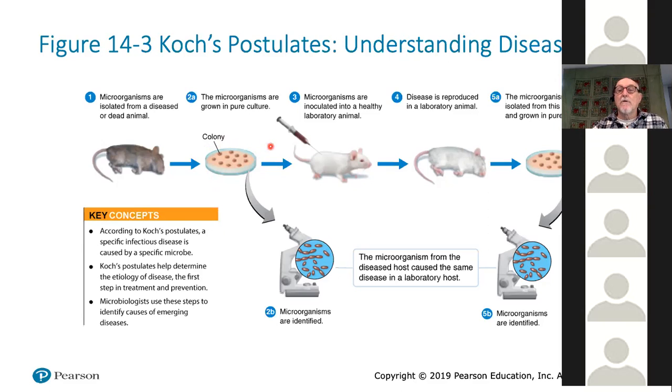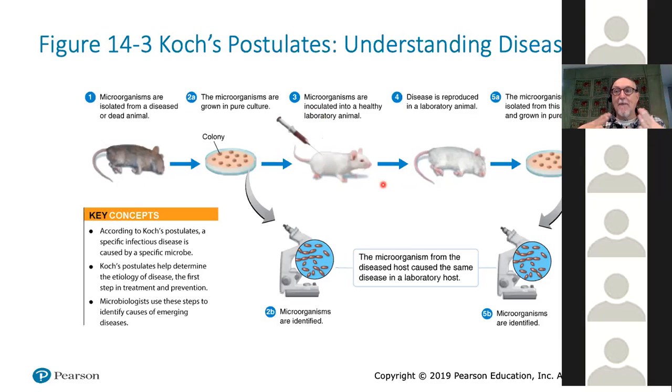He then took those bacteria and inoculated healthy animals with them. He observed the animals very carefully and followed their symptoms. And he saw that they reproduced the symptoms of animals that had died in the field. So these animals behaved the same way, for example, that the cattle did.